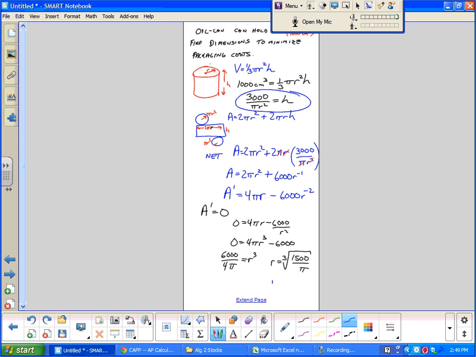I'm going to change this r at the bottom. Because, no offense, how do you tell somebody to build a can 1,500 divided by pi? You know what I mean? Good luck. Go build this can. You know, that just doesn't happen. I mean, I talk a lot about this and joke around, but we don't.